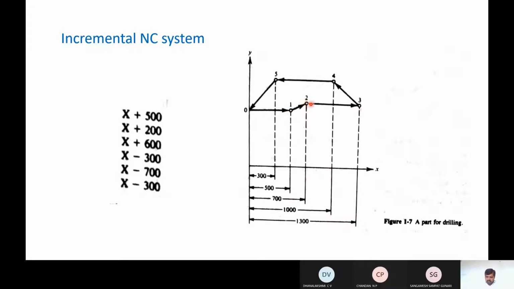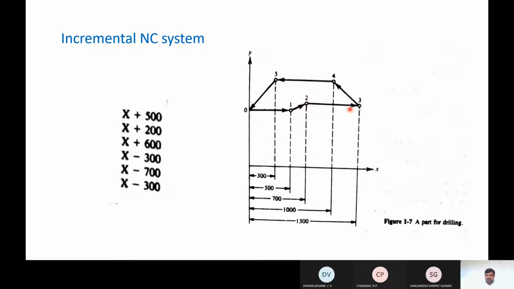So just 200 units along the X axis. We are not considering the Y axis, we are concerned only about movement along the X axis. So the next command is X plus 200. That means you are taking this as the reference, and from here to here it will be 200 units along the X axis.